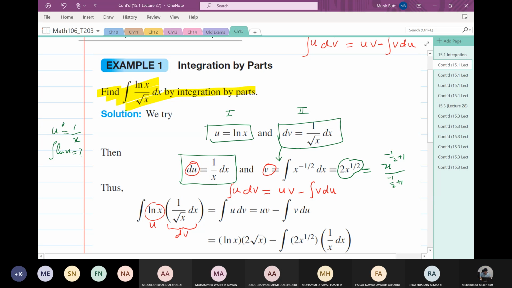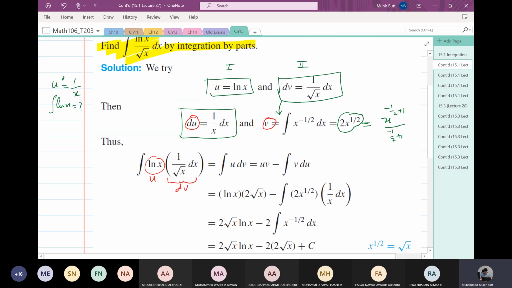Agree? And now it says that the integral of u dv is equal to u, as I told you, the same thing. And now you just plug in the values. What was u? u is ln of x. And what was v? You just calculated it. So this was your v.